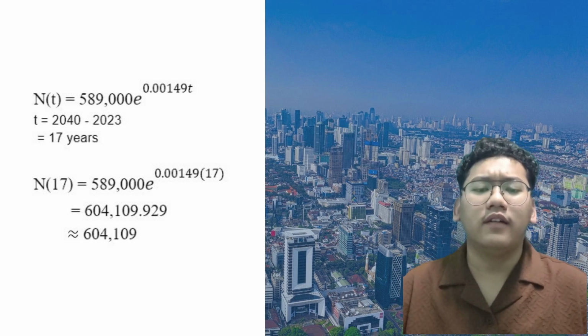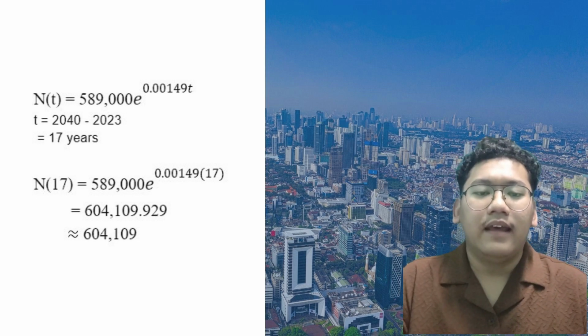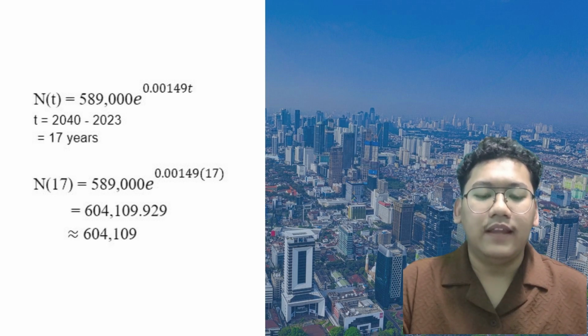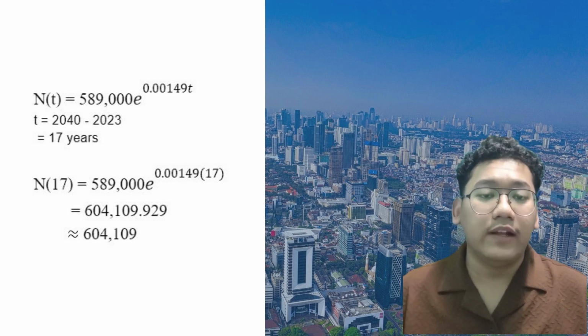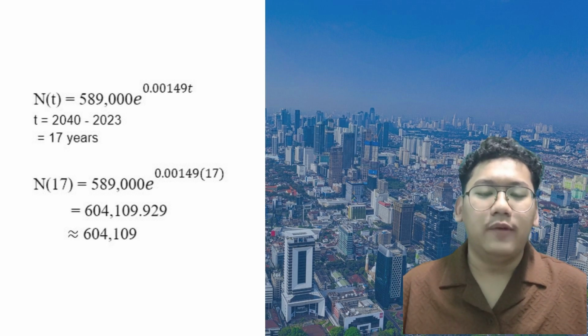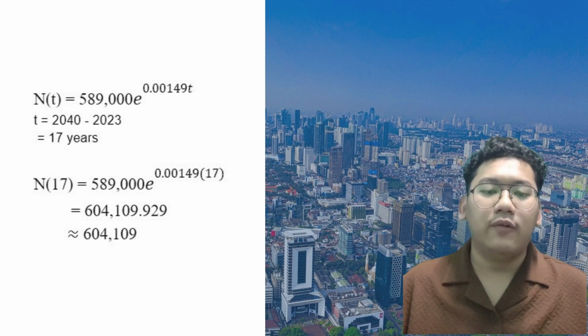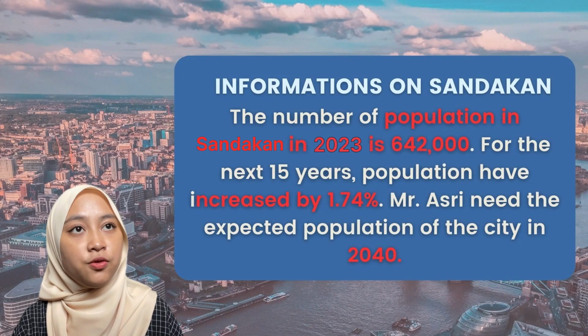So we put the 17 years into the equation, which N at 17 years equals 589,000 times e to the 0.00149 times 17, which we will get 604,109.929, which we will round off because we are counting the people. We will get 604,109.